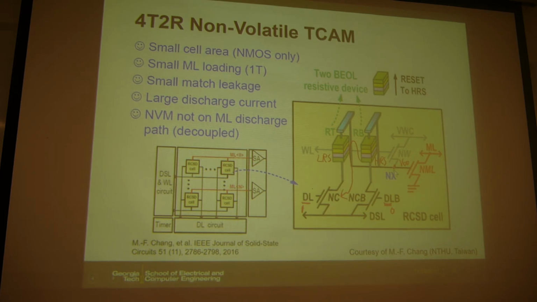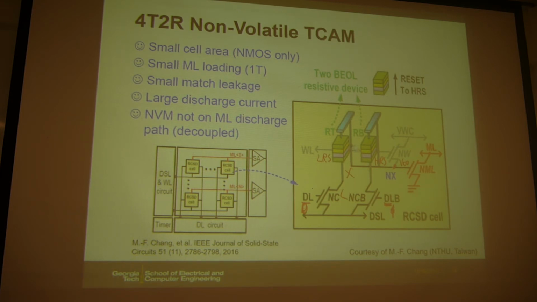But if you reverse that, let's say the data you search is different, 0 and 1, in this case this path will not be on because this transistor is off. And in this case, this transistor is on, but this resistance is high. So the current flowing through this is small, so this will not be pulled down too much. So then this is not matched.